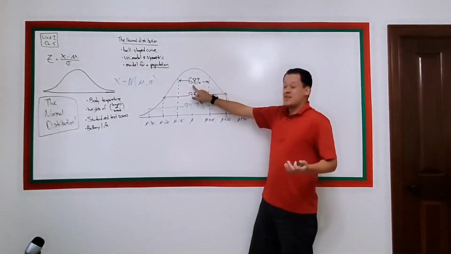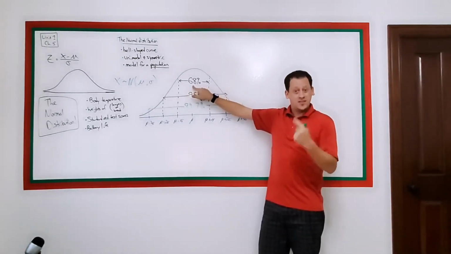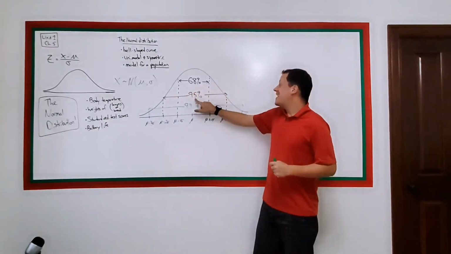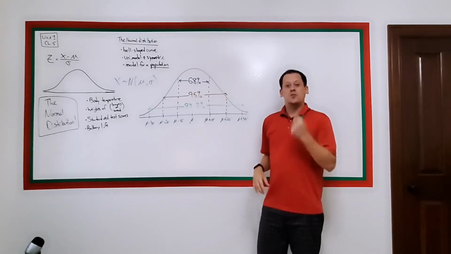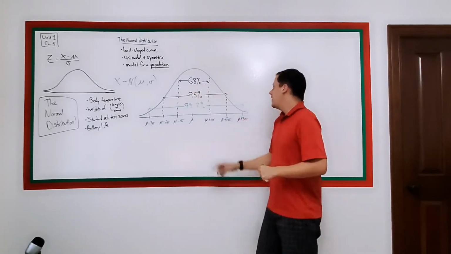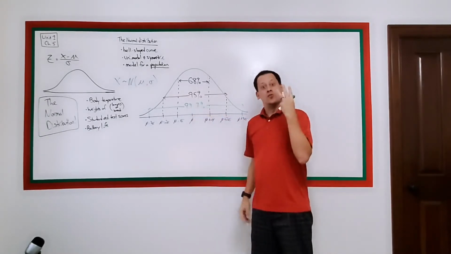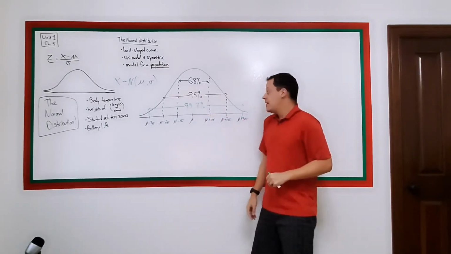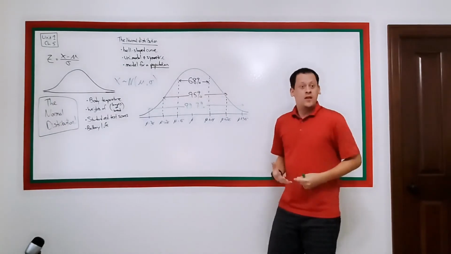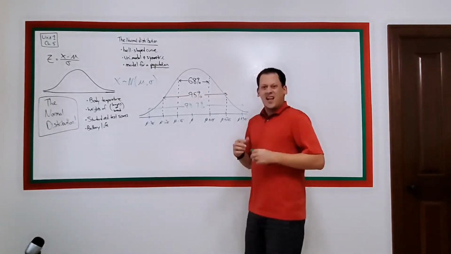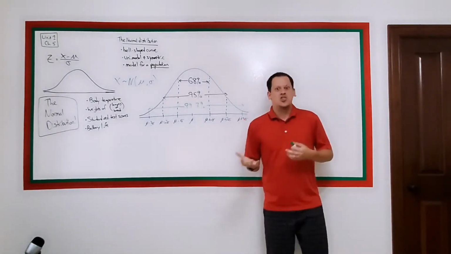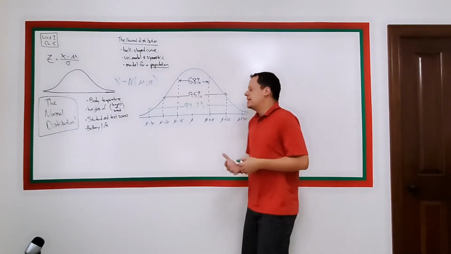We can say that approximately 68% of values are within 1 standard deviation of the mean. 95% of values approximately are within 2 standard deviations of the mean. And 99.7% approximately of data values are within 3 standard deviations of the mean. That's really powerful that we can say that. It gives us a lot of context of what is strange, what is normal.